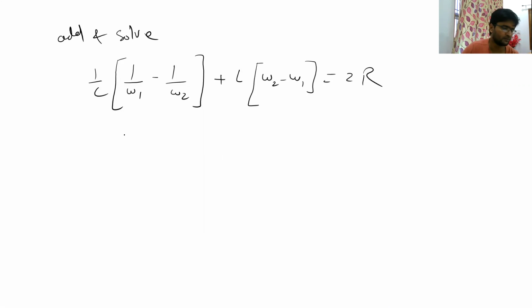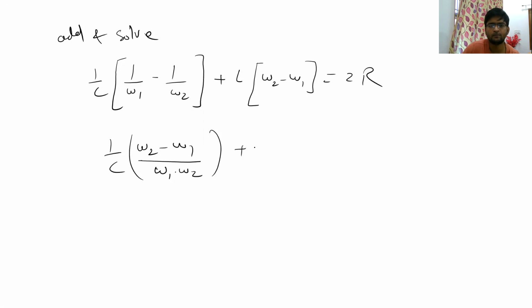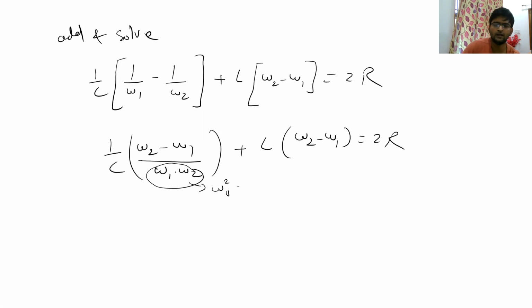So from here we will get (omega 2 minus omega 1) upon (omega 1 into omega 2) into 1 by C plus L (omega 2 minus omega 1) is equal to 2R. So what is omega 1 into omega 2? It is nothing but omega naught squared, which is nothing but 1 upon LC.